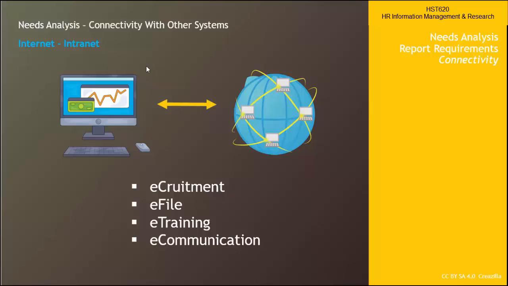Sometimes it's just compliance. So if everyone has to do AODA training, then the system does it and keeps track of who's got it or not. And the last one is e-communication, and I'm referring to email, but not just email or messaging. You can do that without HRIS, right? You don't need HRIS for email.